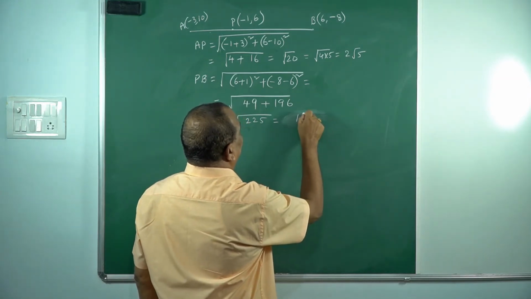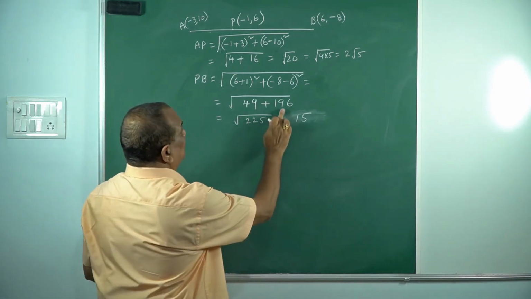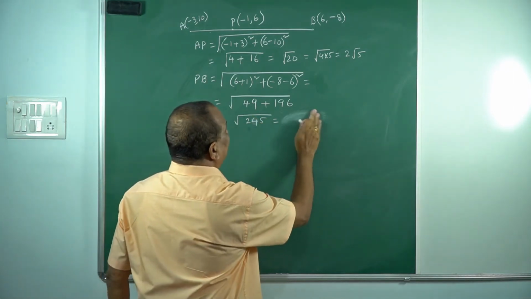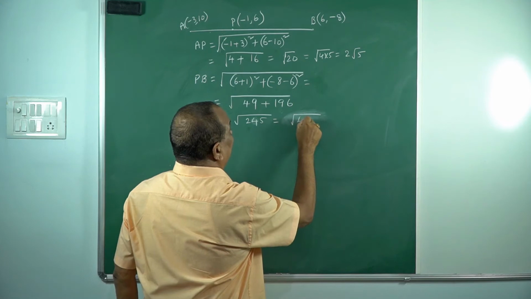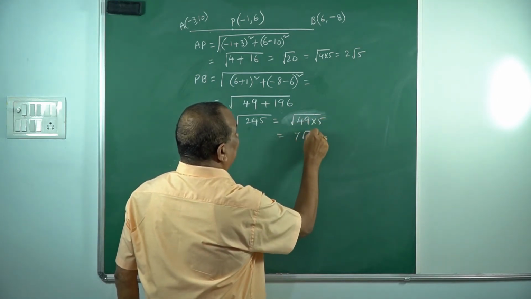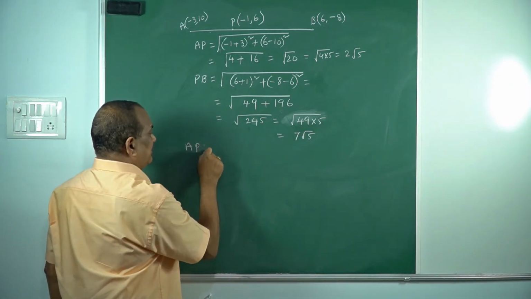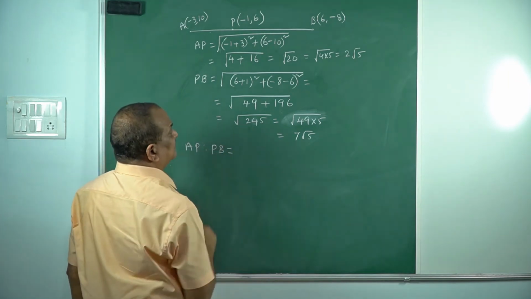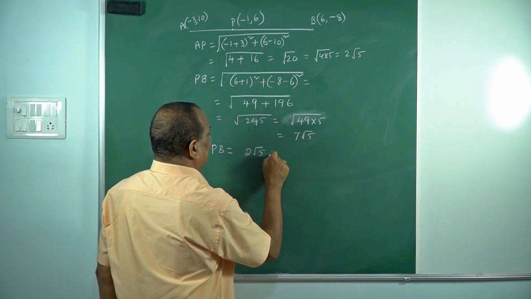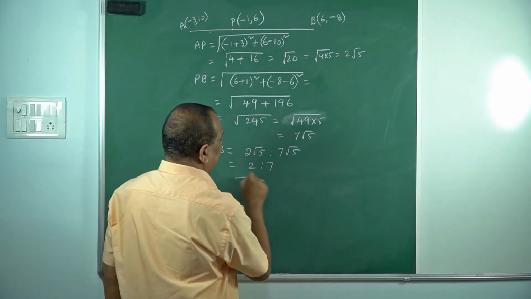Once again, let us check. This is 245, 230 plus 15, 245, and 245 is 49 fives, and that will be 7 root 5. That's clear now. So AP is to PB is 2 root 5 is to 7 root 5, and the ratio is 2 is to 7.